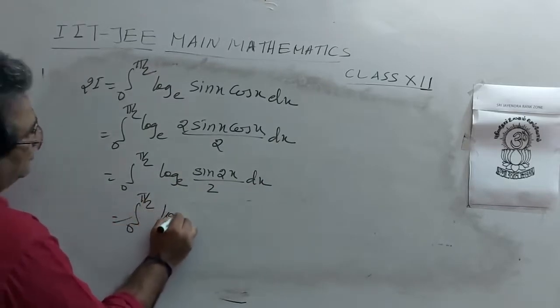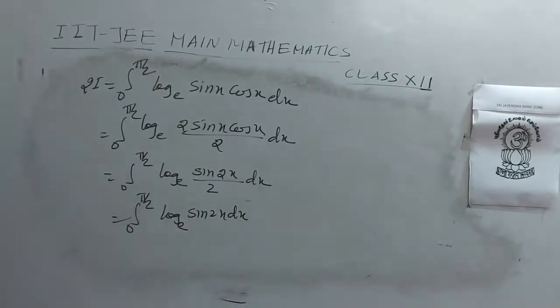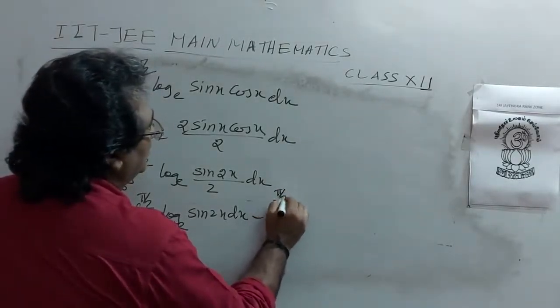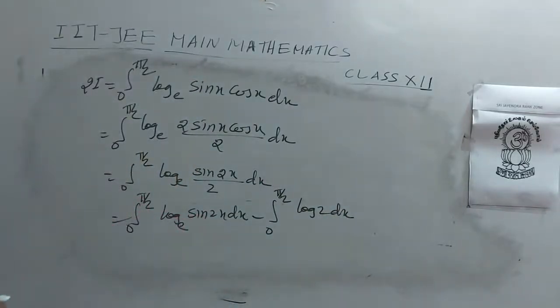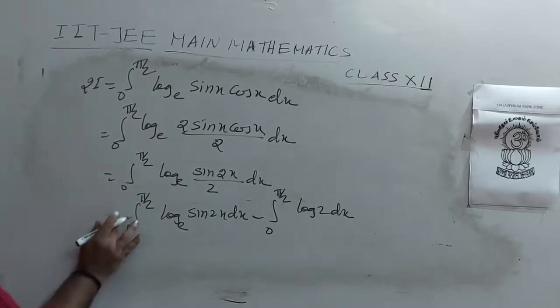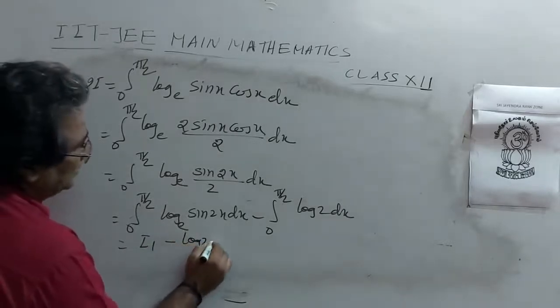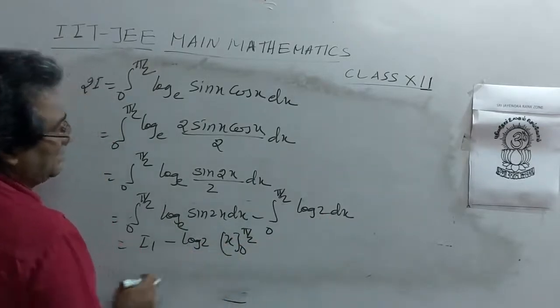Integral 0 to pi by 2 log sin 2x dx minus integral 0 to pi by 2 log 2 dx. So let this integral be I1, minus log 2 into integral dx, that is pi by 2.